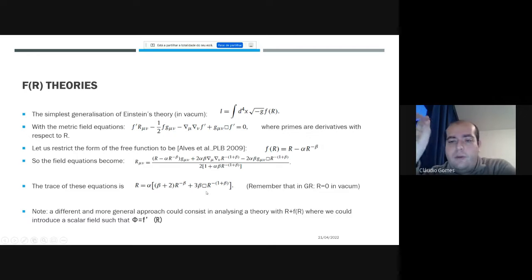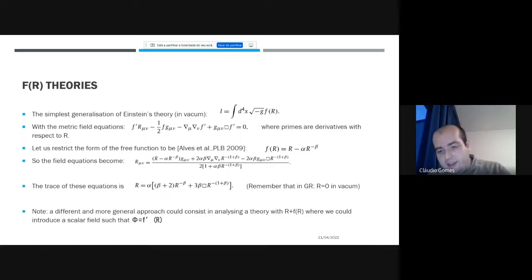And remember, we are specializing the form of f(R) theories in order to address gravitational waves. However, a more general approach can be performed, namely introducing a scalar field which is related, in this case, to the derivative of this f(R) function.